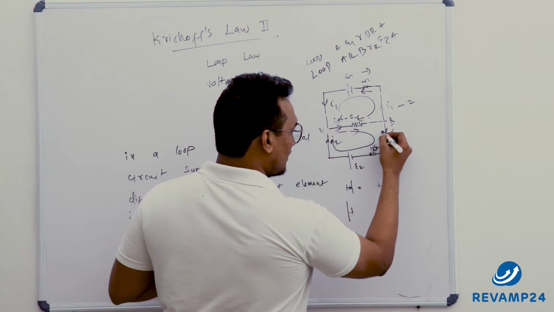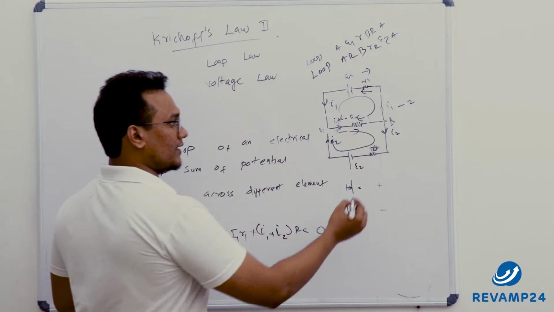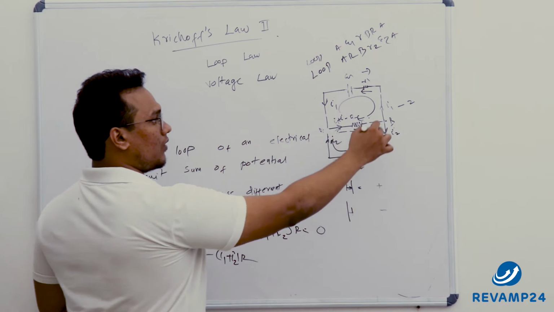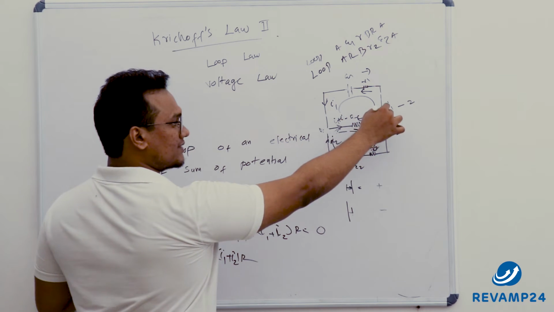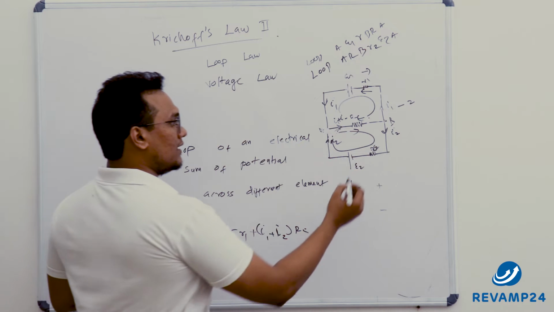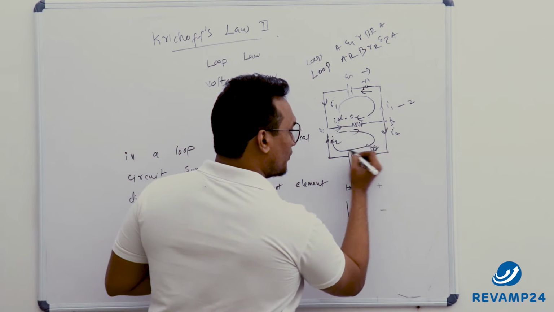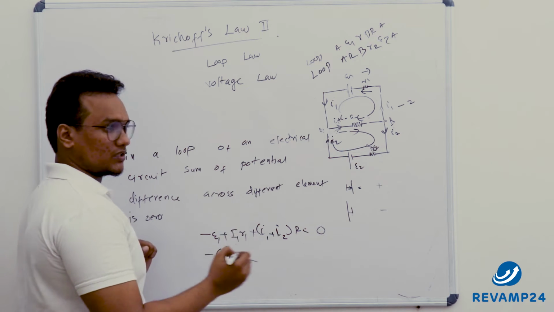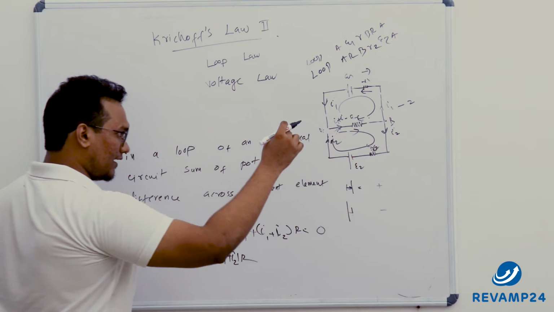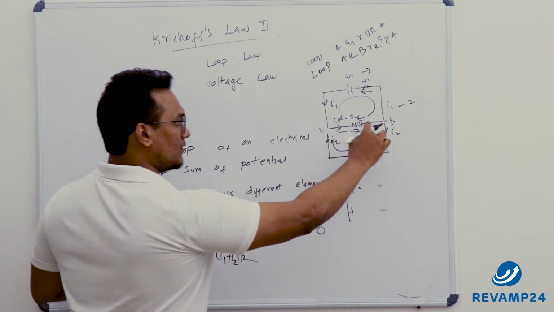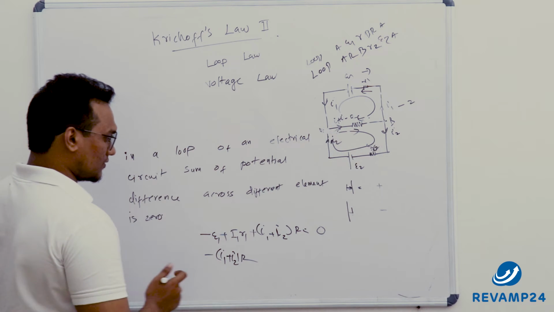In which direction is current going here? We have already marked the direction of current in this branch. In all parts or elements of the branch, the same current passes in the same direction. Our direction is I2 here, and the movement of the loop is also the same. So I can take it as negative, because our finger is moving in this direction and the current is also in that direction.